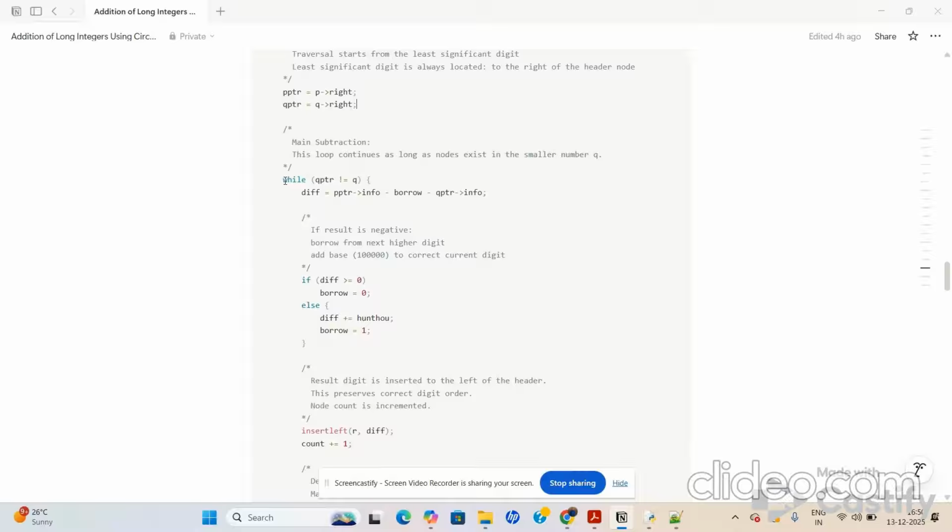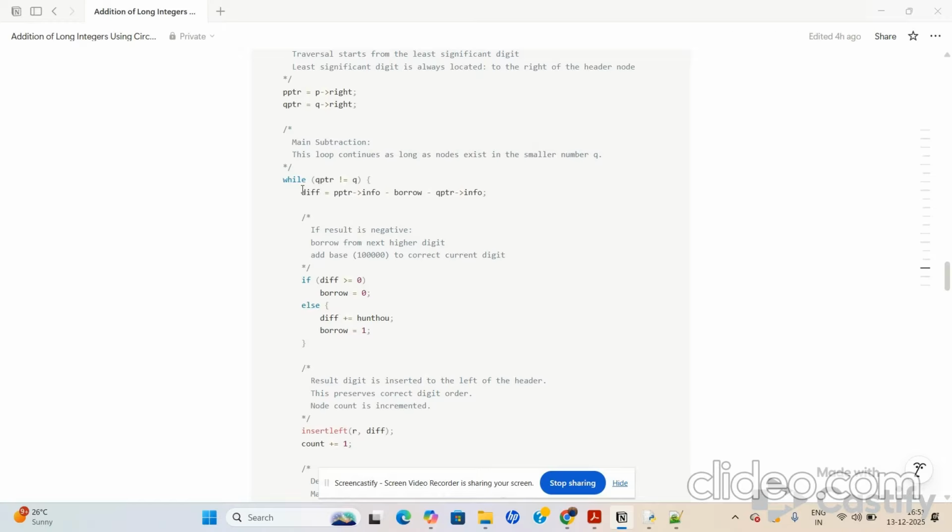Okay, so that's why you run a loop till the number of nodes exist in the smaller number. Okay, that's why if q pointer is not equal to q, and this is the very important line.